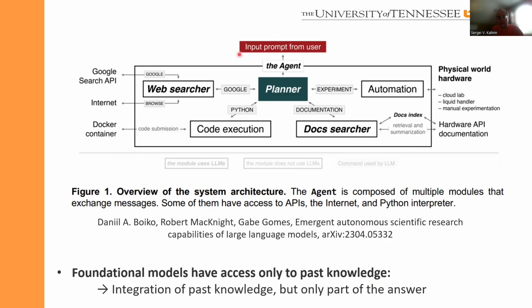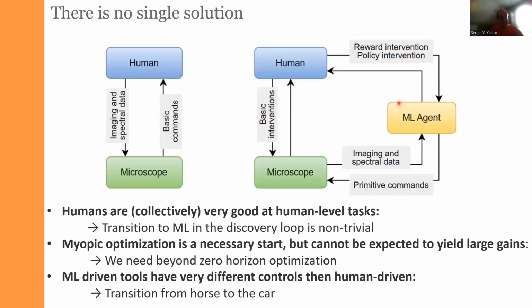In fact, folks who work on automated labs in chemistry or biology understand this very well. Typically, the large language model becomes a part of a much more complex setup that combines search, code execution, exploration of enterprise-specific documents, and lab automation. So in other words, it can help us, but it's not going to make the low-level decisions.